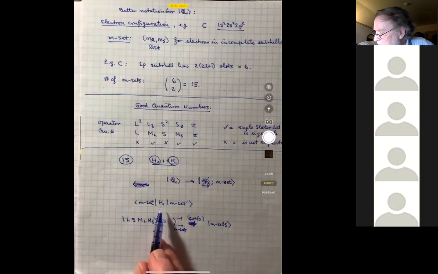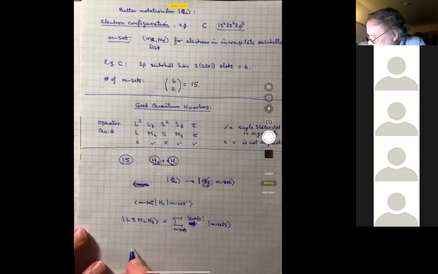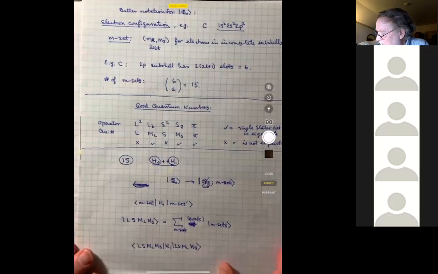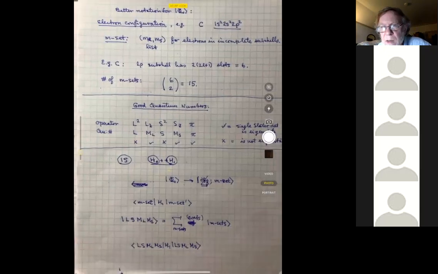And so the matrix elements of H1 in the new basis, which look like this, L, S, M_L, and M_S sandwiched around H1, in this basis, the matrix elements are diagonal.